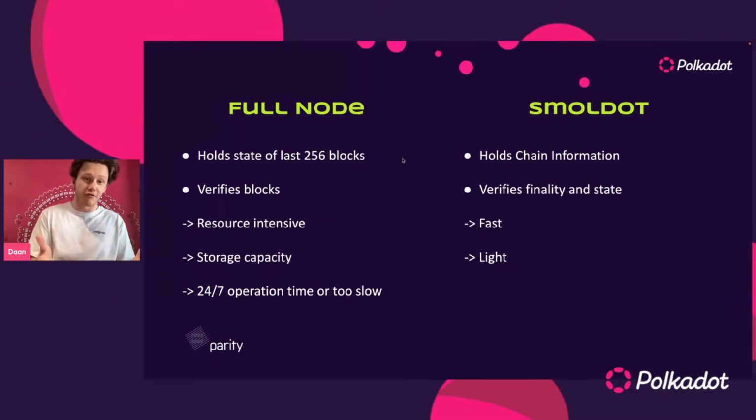By verifying that, it can start requesting data within this database. And because the nodes that we interact with provide us the Merkle proofs we need, we can also verify this against the finalized information that we also verified. Because Smoldot is specifically designed to only have this minimal information, it's very light, and it's also very fast.